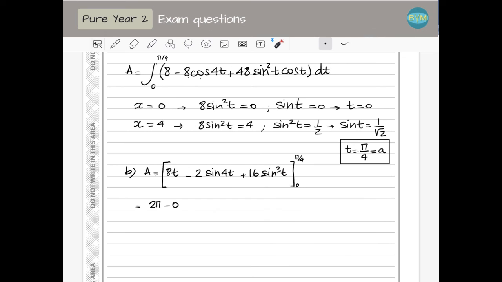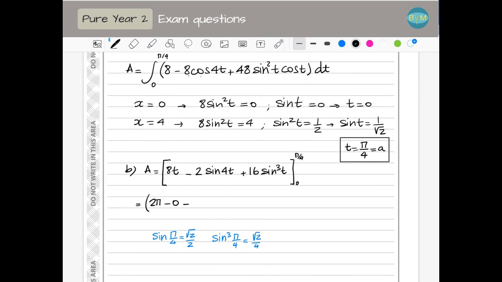Sine of pi quarters is root 2 divided by 2, which means when I do the sine cubed of pi quarters it is going to be root 2 divided by 4. So this next one is 16 times root 2 divided by 4 is 4 root 2. Sorry, this is plus 4 root 2.